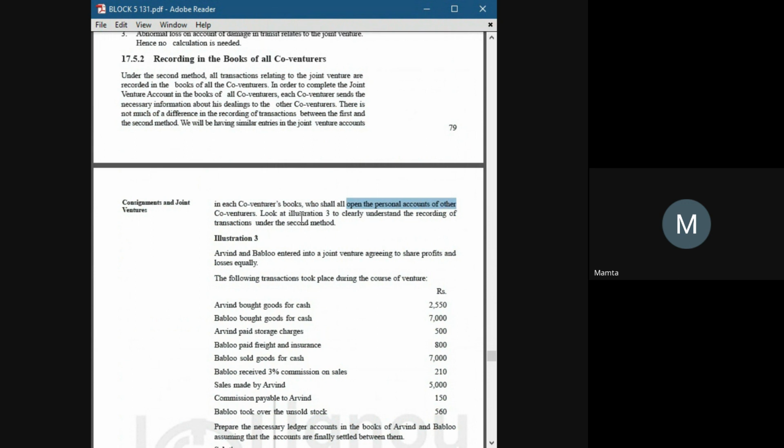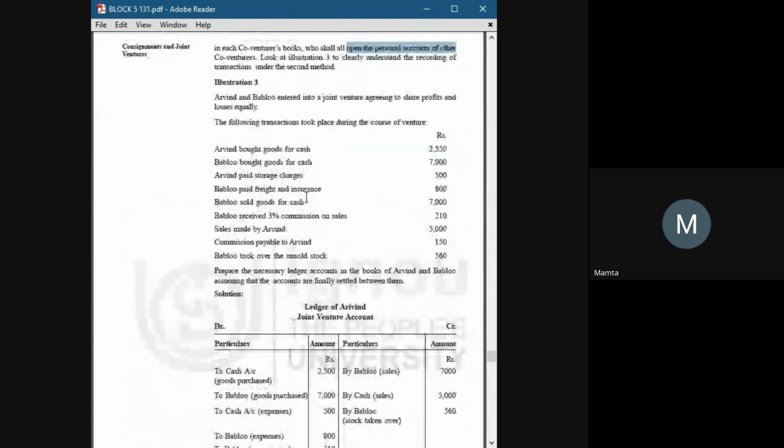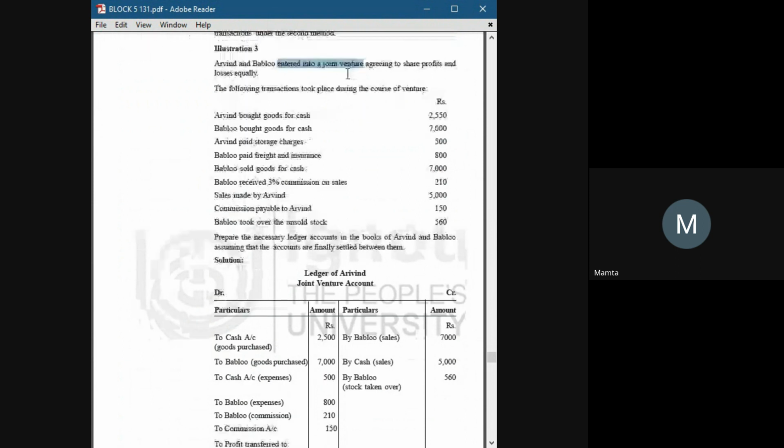Look at illustration number 3 to clearly understand the recording of transactions under the second method. Let's take this example for better understanding. Arvind and Bablu entered into a joint venture agreeing to share profit and loss equally.